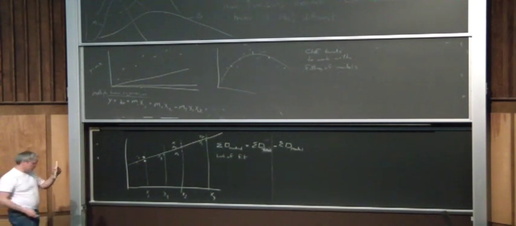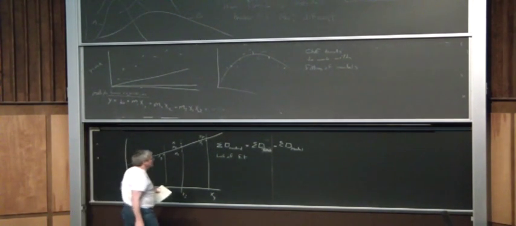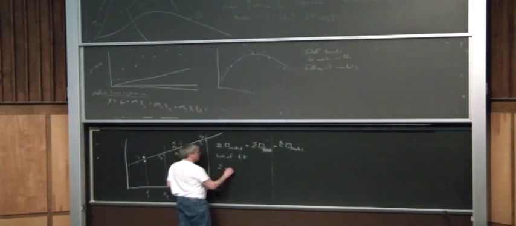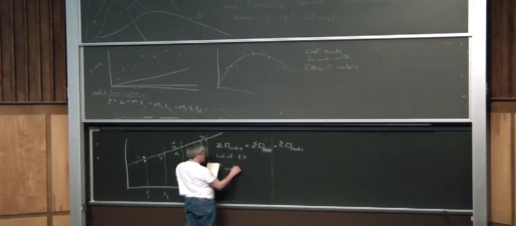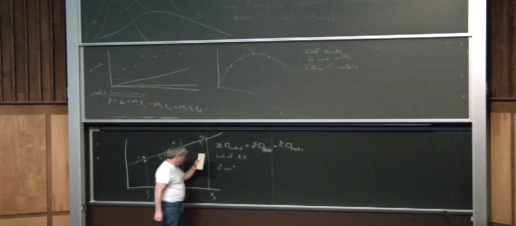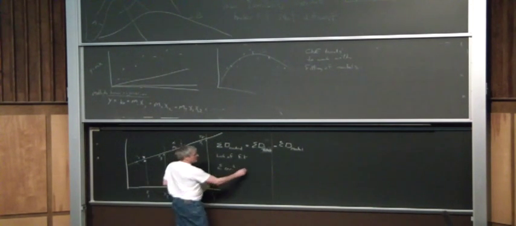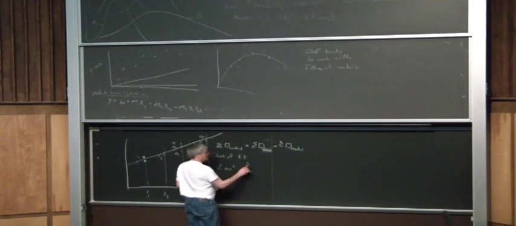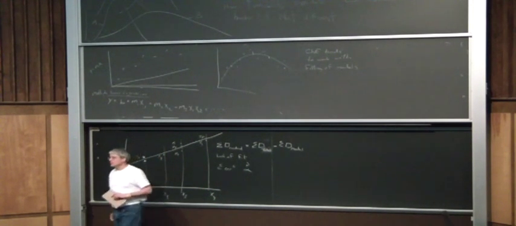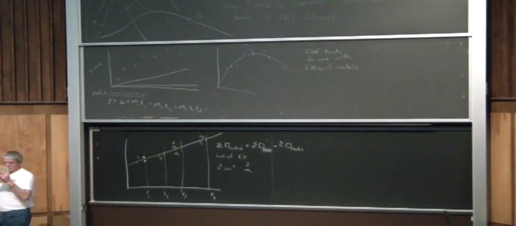Either one is captured in this term. So this is the sum of the squared error, and this is proportional to maybe something else. You'll find that in all the math books.